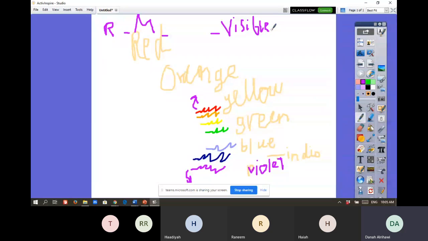It's related to the colors in the rainbow. Red, so this is infrared. Violet, so ultraviolet. Here I have infrared because the first one is red, then ultraviolet because I have violet at the end. Is it clear?